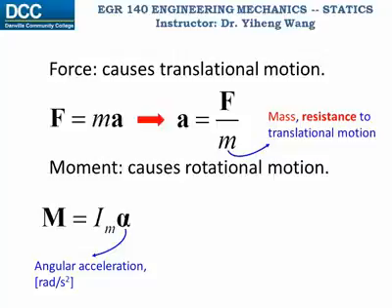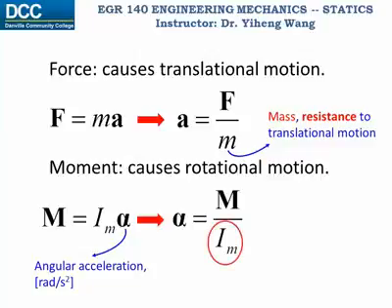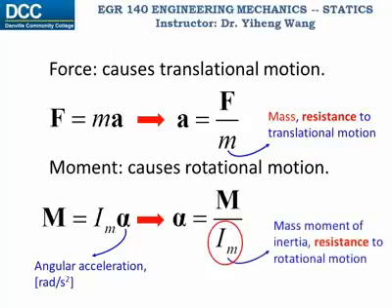Again, we can rewrite this equation into this form, and if you compare it to the equation above, you can tell that this term, Im, is the resistance to rotation, and it is known as the mass moment of inertia. Note that I put the subscript m here because I will also discuss area moment of inertia in this same video, and I want you to be able to distinguish between them. But oftentimes you will see it without the subscript m.